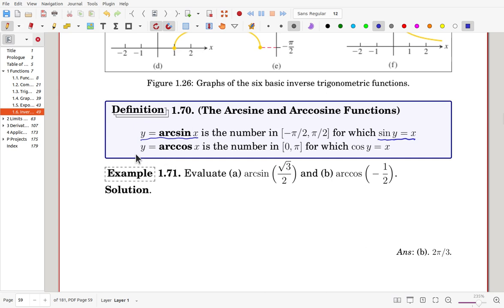For y equals arccosine x, it is also the same, the inverse of the cosine function.